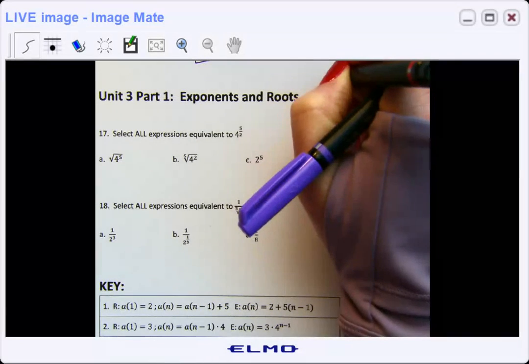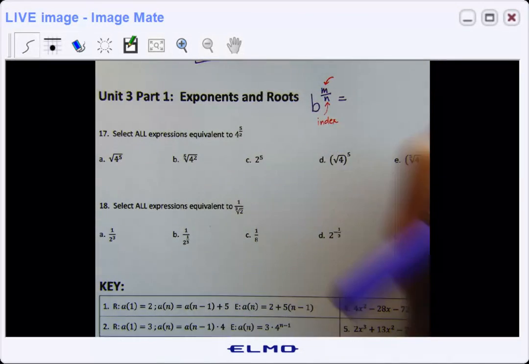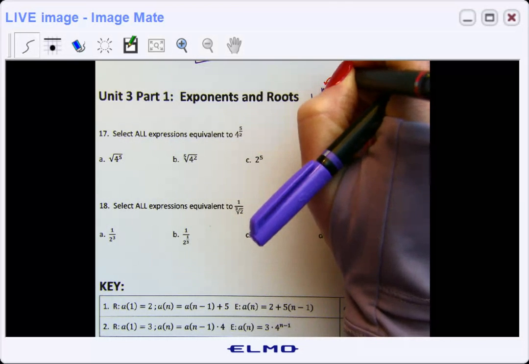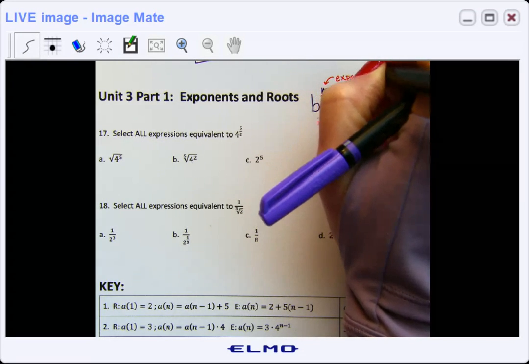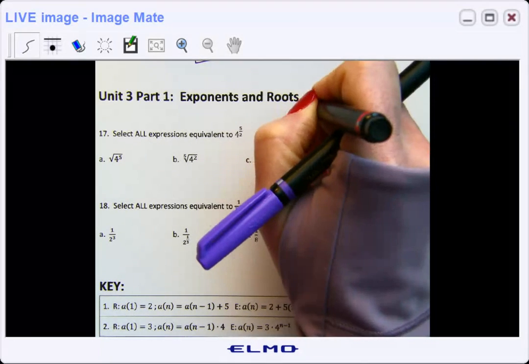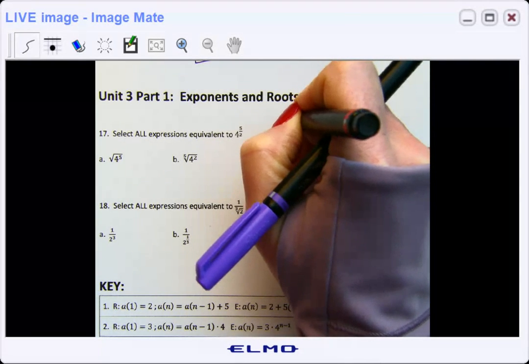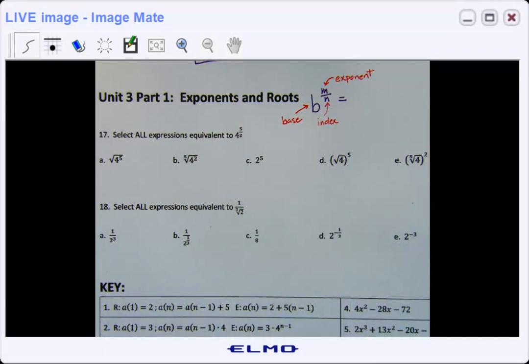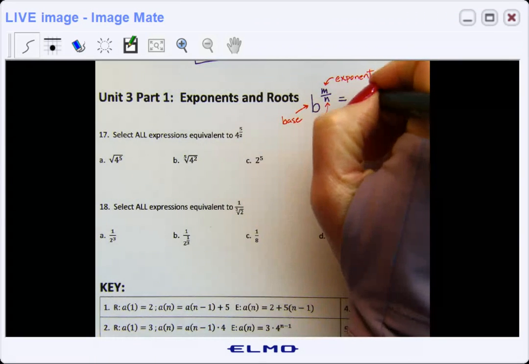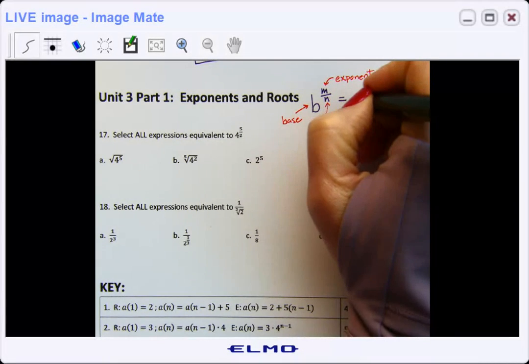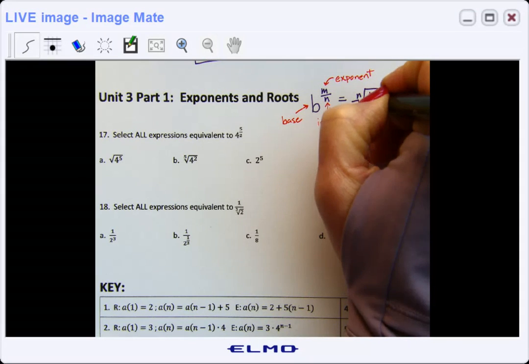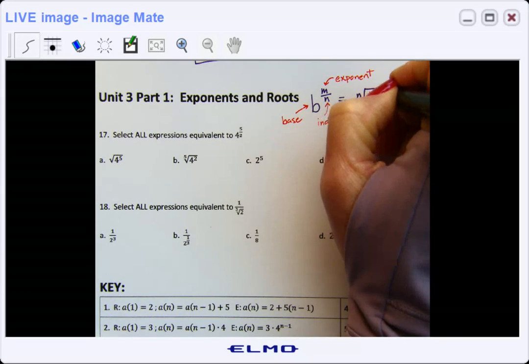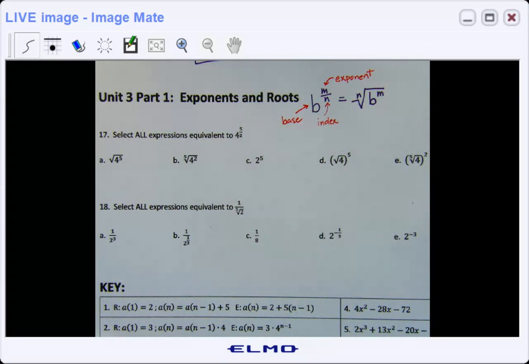And this number on the top is going to be the exponent. And then this we just call the base, and it goes under the radical, okay? So when we rearrange this in radical form, it's the nth root of the base to the m, whatever that number was on the top of the fraction.